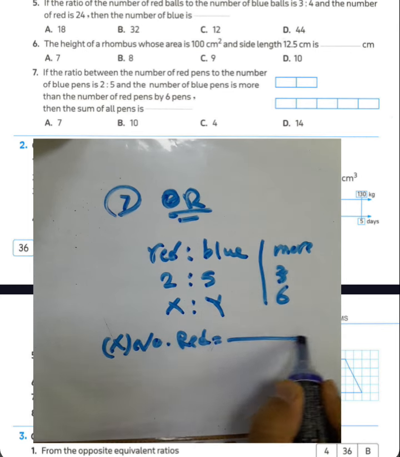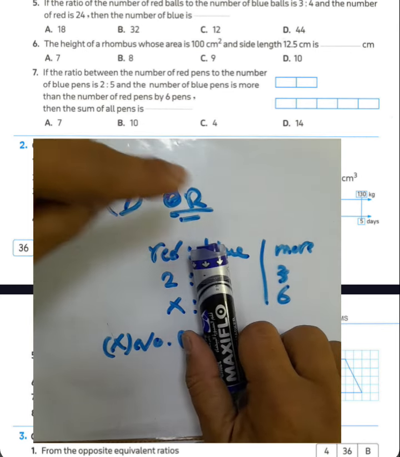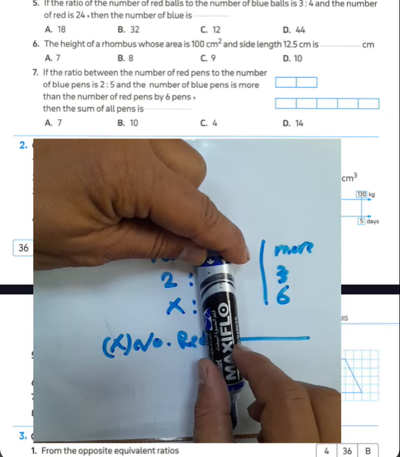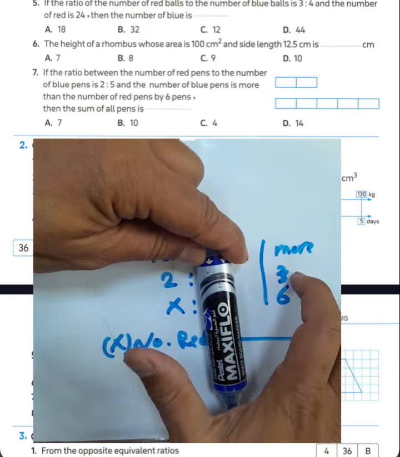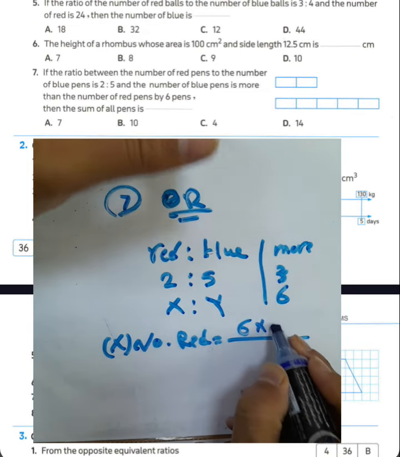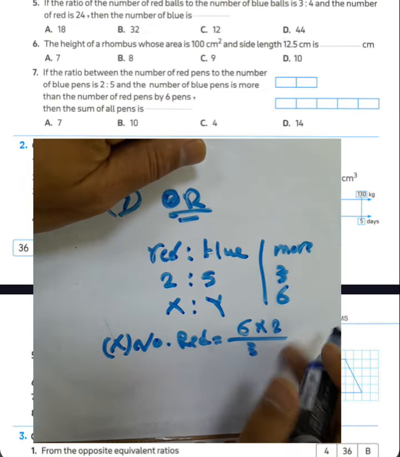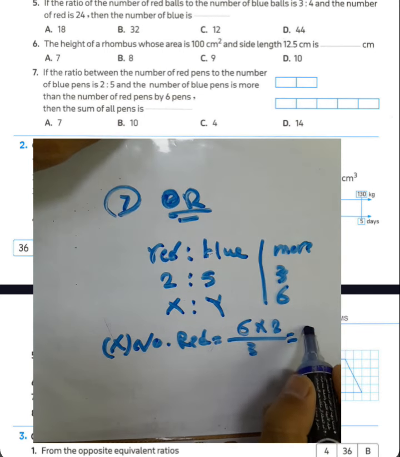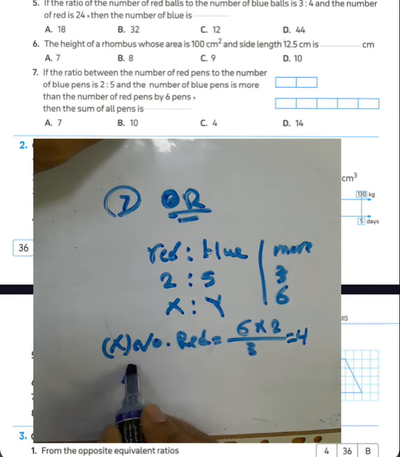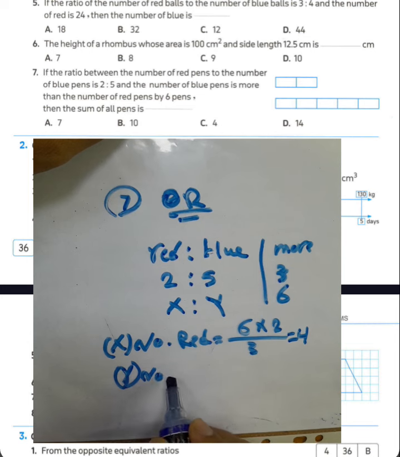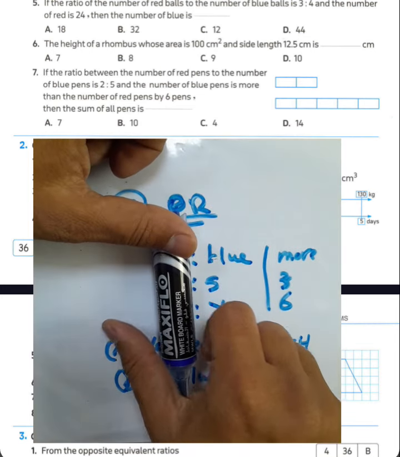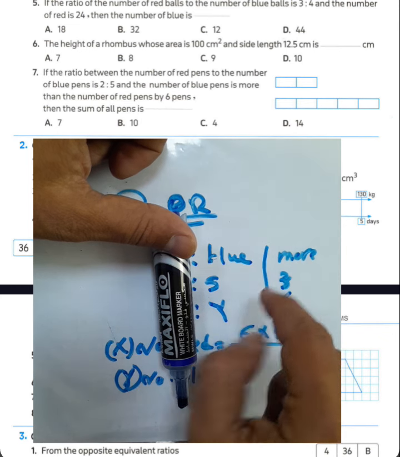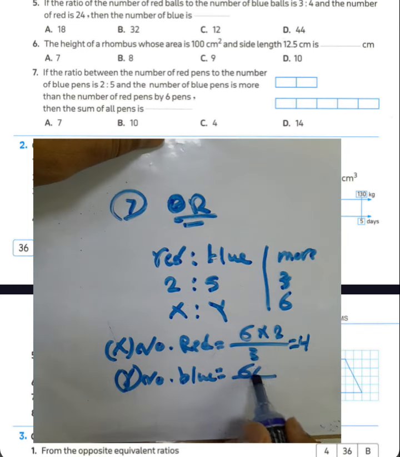We can use the product of extremes equals the product of means. Write 6 times 2 divided by 3. Then the result here will be 2 times 6, 12 divided by 3 equals 4. Then y, the number of blue, write 6 times 5 divided by 3, which will be 10.